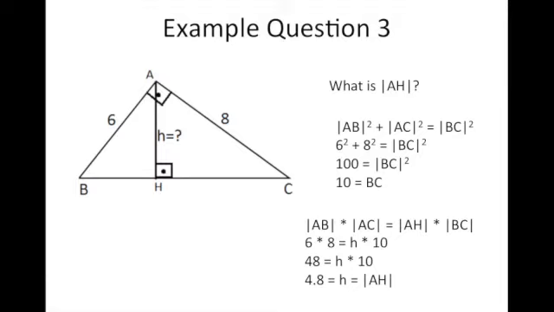So if we put the values in, it will become 6 times 8 is equal to height times 10, which means that height is equal to AH. It will be 48 is equal to H times 10, and from this equation we will find that height, which is also AH, is equal to 4.8.